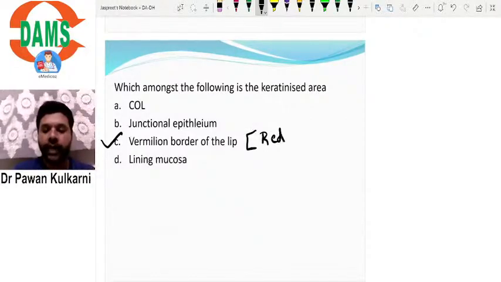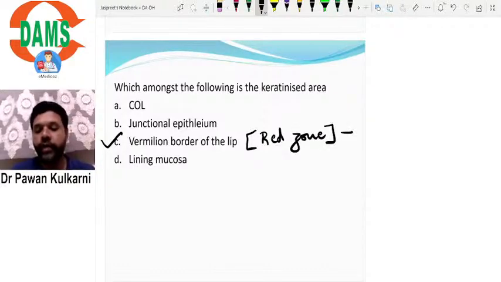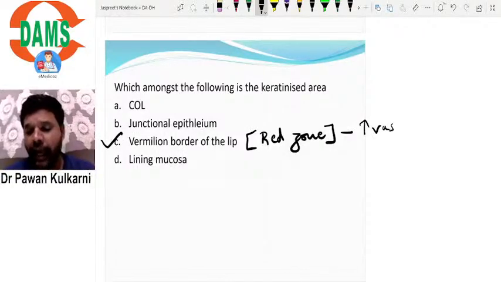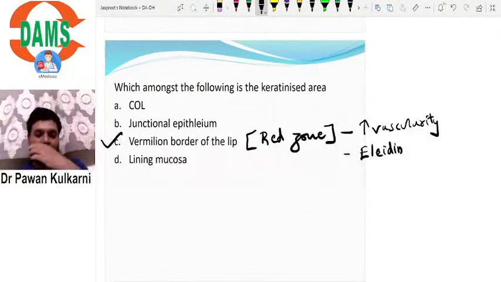It is called as a red zone because of more vascularity, and it also has got a protein called as eleidin. Because of both of these things, you call this as the red zone.